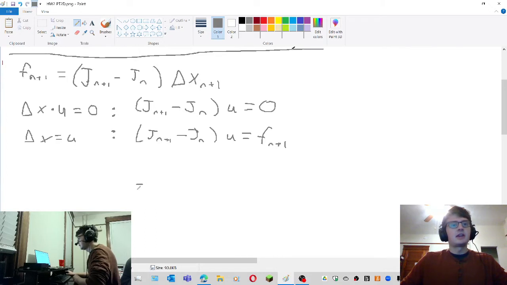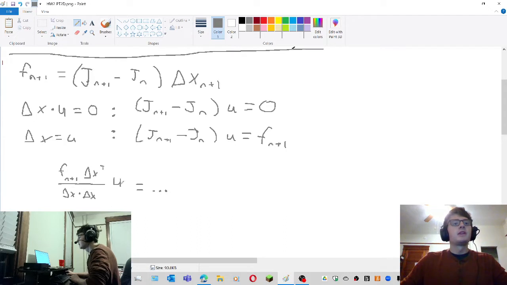He said that this is all equal to f evaluated at n+1 multiplied by the transpose of delta x, over delta x dot product with itself.